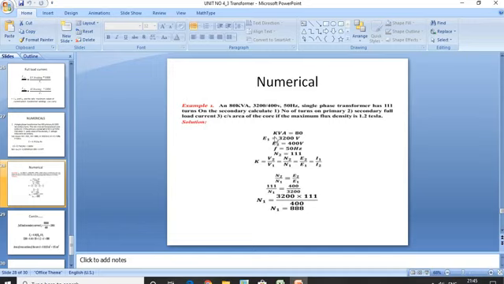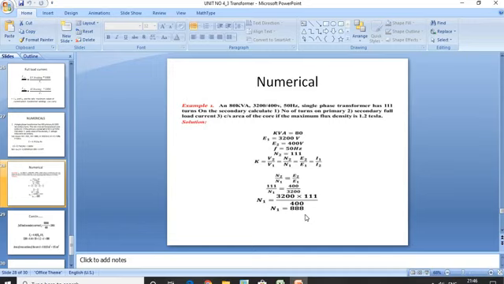So in this case the kVA rating is given, 80. Primary side voltage E1 is 3200 volt, E2 is 400 volt, frequency is 50 hertz, and N2 is 111. Now here we have to use the relation K is equal to V2 by V1 is equal to N2 by N1 is equal to E2 by E1 is equal to I1 by I2. So N2 by N1 is equal to E2 by E1. So we are getting the value of N1 is equal to 888.